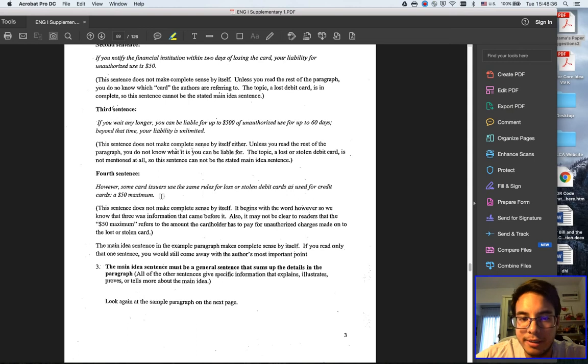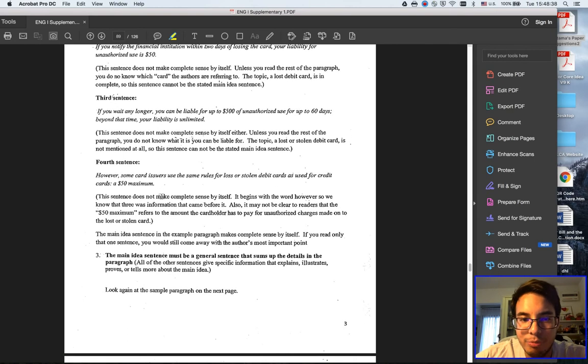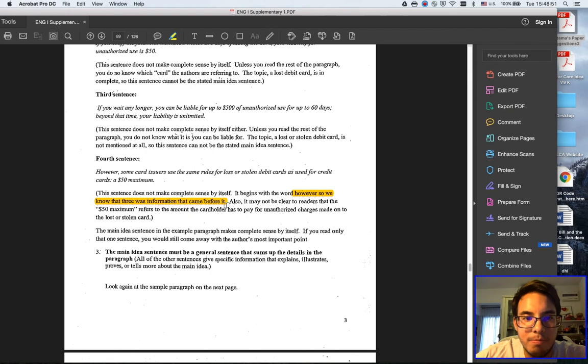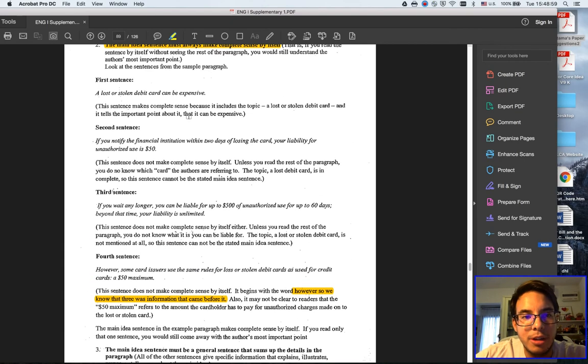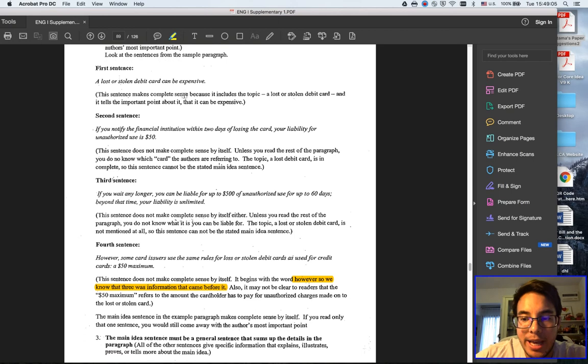Does it make sense by itself? No, not exactly. It begins with the word however, so we know that it can't be a main idea sentence. This is sort of an explanation. Every sentence that follows the first sentence supports it, which is why they cannot be main idea sentences.